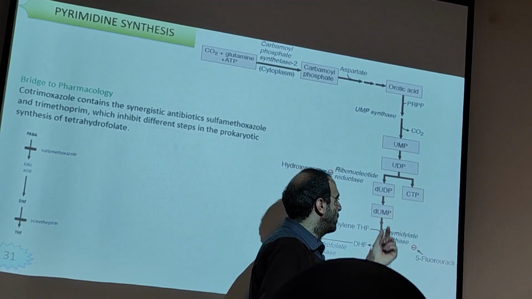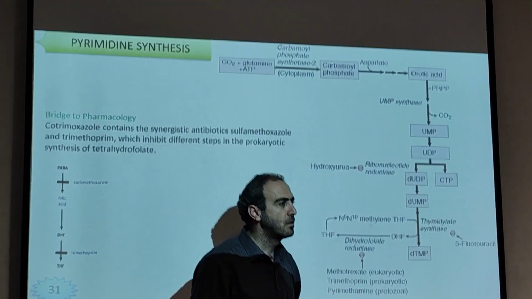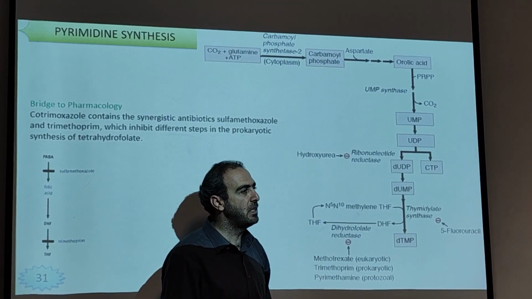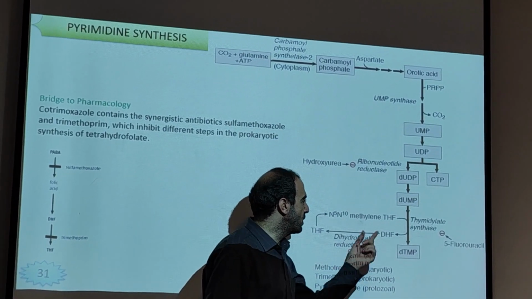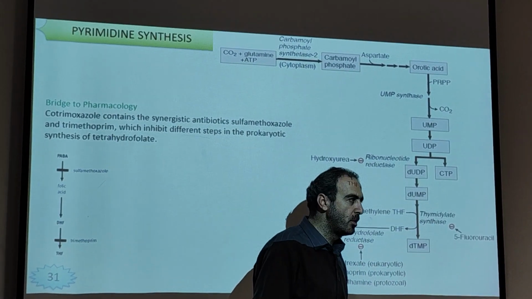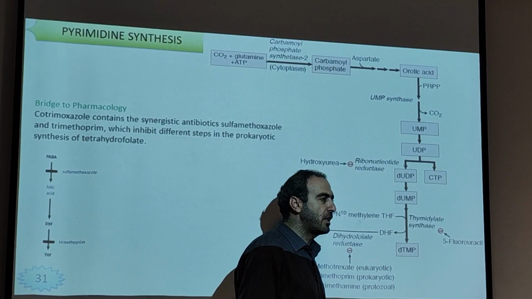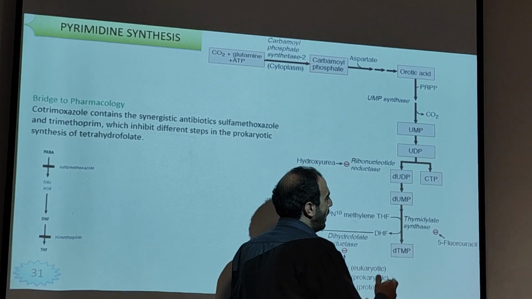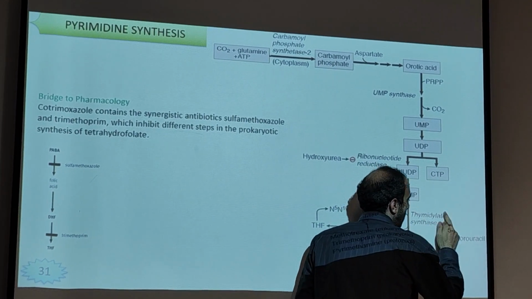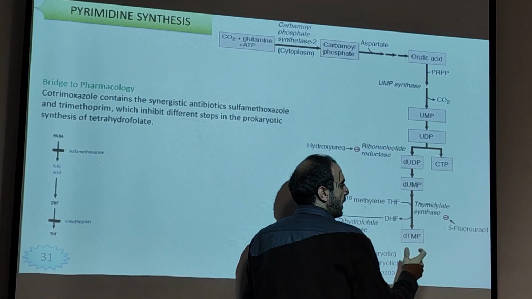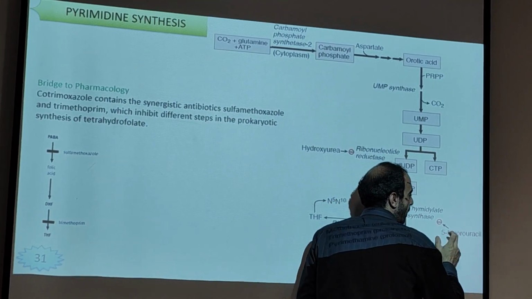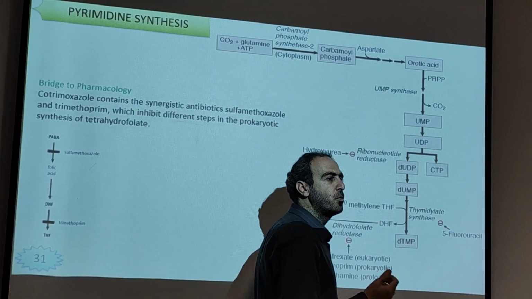Then dUDP changes to dUMP, and dUMP produces dTMP. By what? By receiving a methyl group from tetrahydrofolic acid. And we have thymidylate synthetase here, which can be inhibited by 5-fluorouracil. It was questioned.